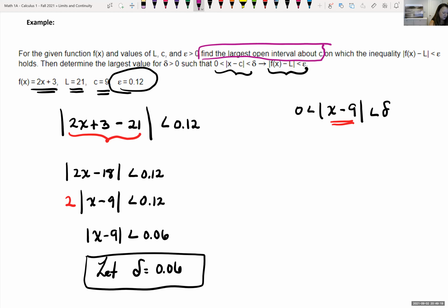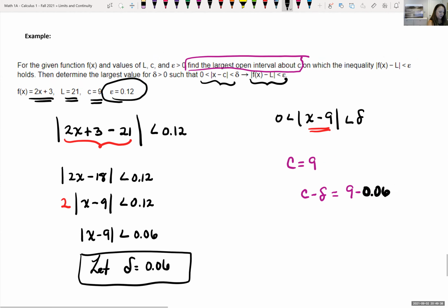Our C value is equal to 9. So I need to look at C minus delta. This would be 9 minus 0.06, which would give us 8.94.